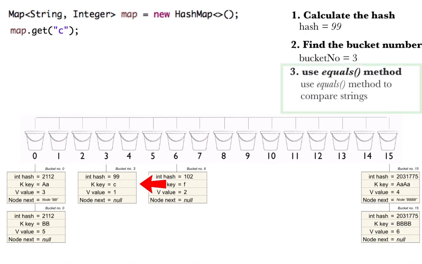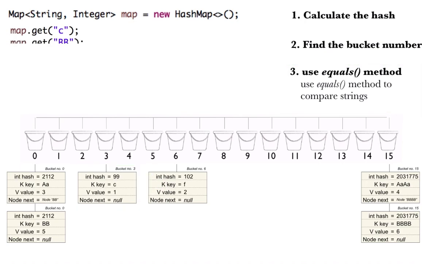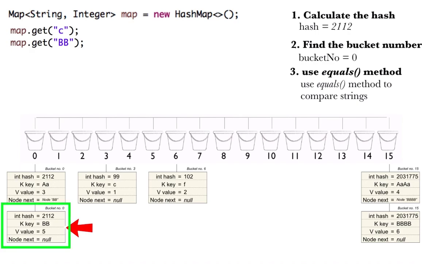The program will use equals method to check whether two keys are equal or not. For our second example, map.get BB, the bucket number calculated using similar methods is 0. But when our program looks for our key in the first bucket, the equals method returns false for the first node. So the program looks for the second node in this linked list. Since the equals method returns true for the second node, we get our value.